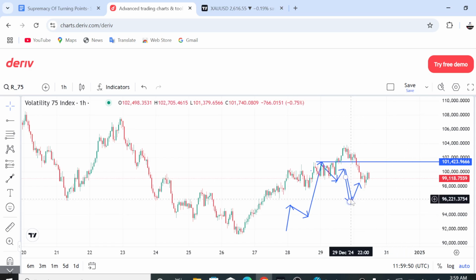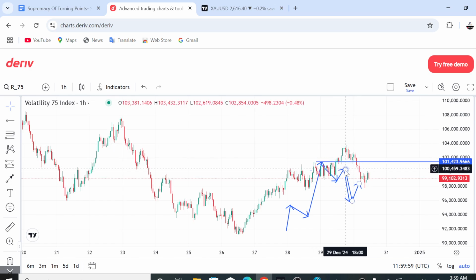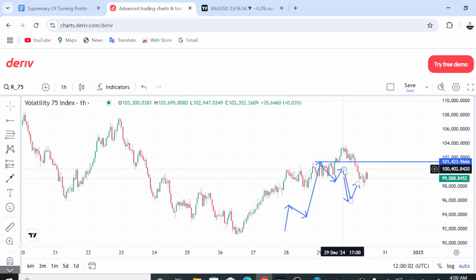Why? Because the market has shifted from making a higher high sequence to making a lower highs sequence. You see, this high is lower than this high, and every lower high should do what? Create a lower low. So it takes out this low. So don't expect this market to be making higher highs. Rather, expect this market to be making lower highs.